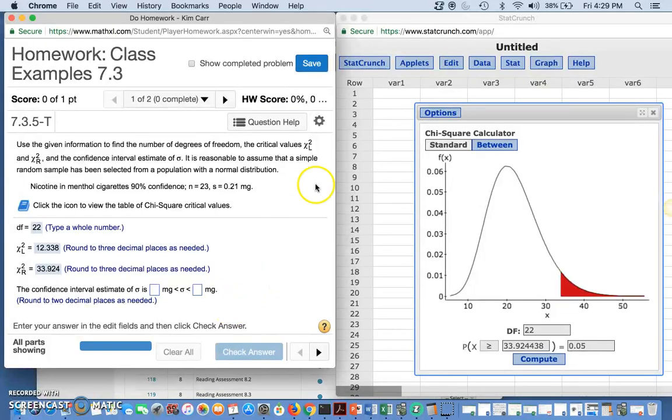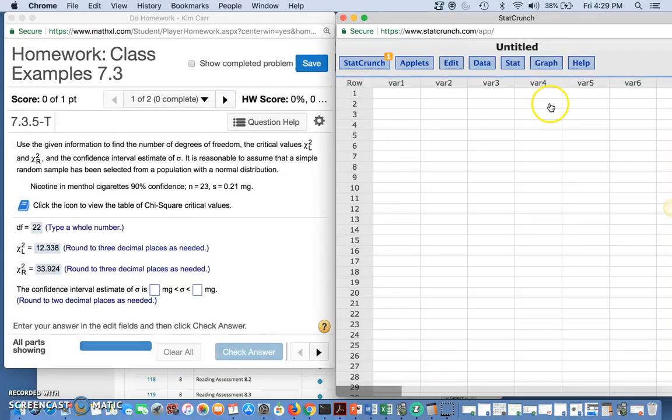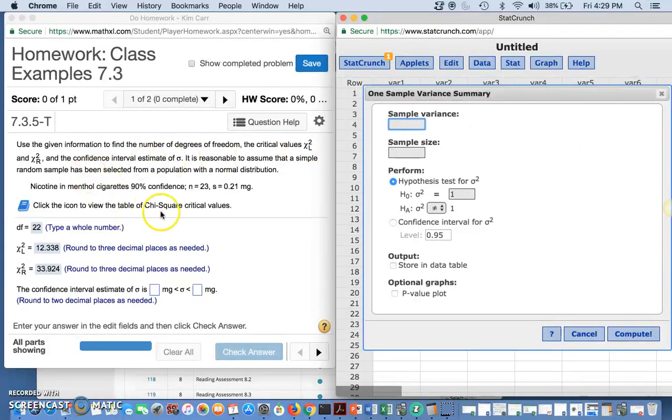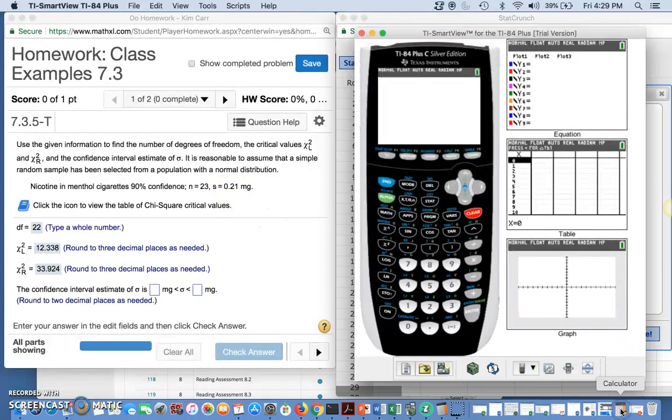Okay, now to find the confidence interval. We're going to go to Stat, and we're going to go to Variance Stat. We'll have one sample, and we're going to use summary data. The sample variance. Notice that gave me the sample standard deviation as 0.21.